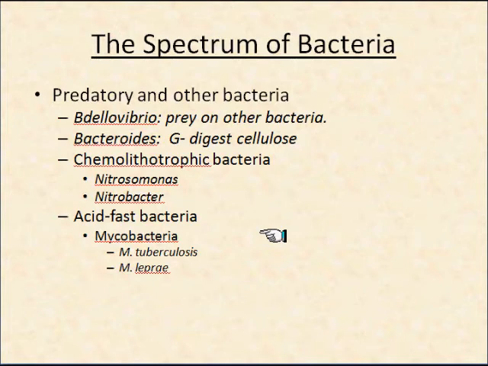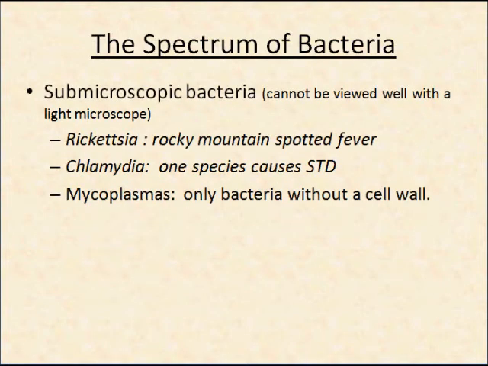We have acid-fast bacteria, and among these are the mycobacteria, which cause tuberculosis and leprosy. We will talk about these pathogens a little bit later on, but I would ask that you know that tuberculosis and leprosy are caused by mycobacteria. There are some bacteria that are so small we can't even see them with a light microscope, or can't see them well.